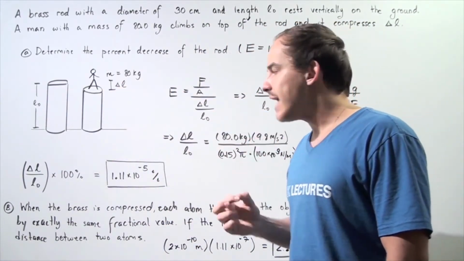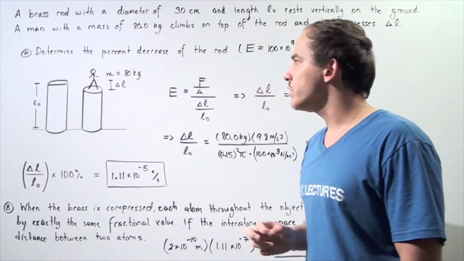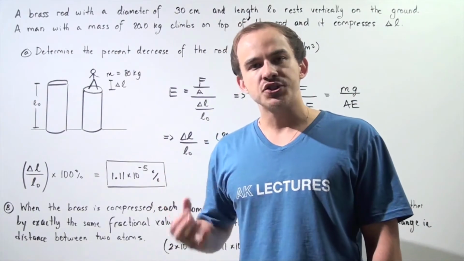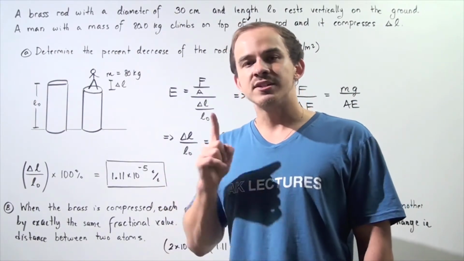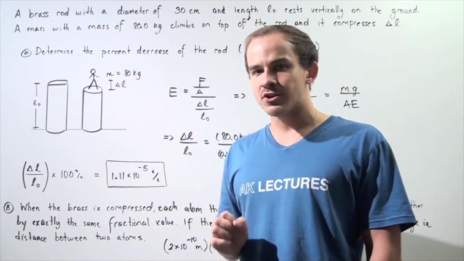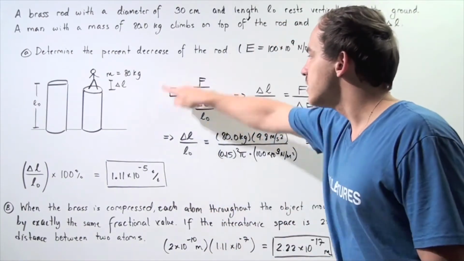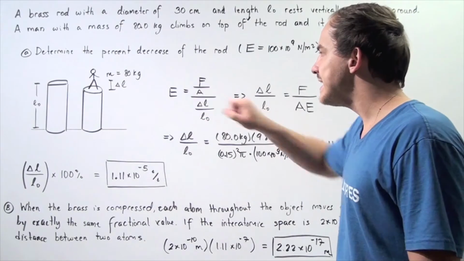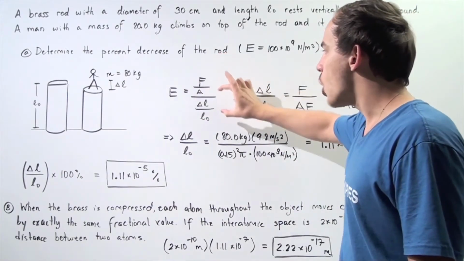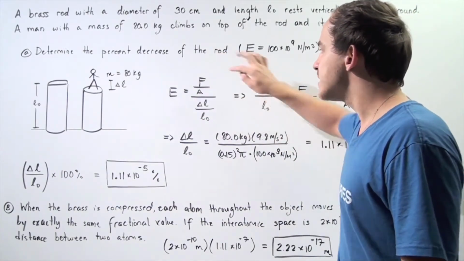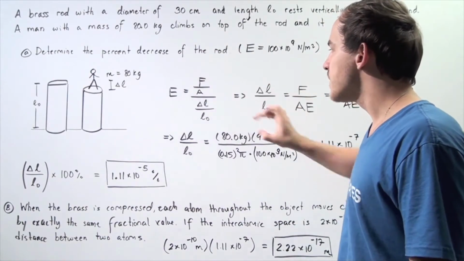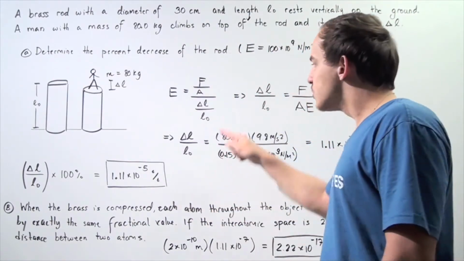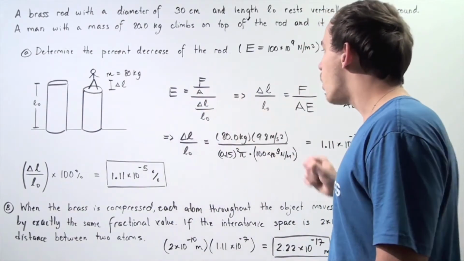Now, in order to calculate the percent decrease, we first have to calculate the fractional decrease of our object. And to calculate the fractional decrease, we have to use the following equation. Young's modulus, E, is equal to stress over strain, where stress is force per unit area and the strain is our fractional decrease. So we're looking for this entire quantity.